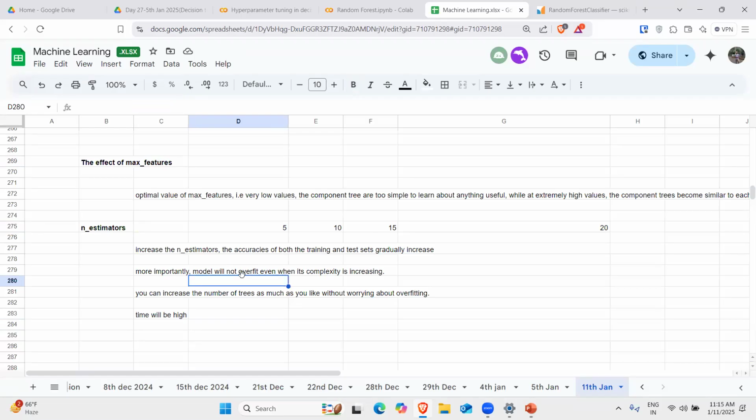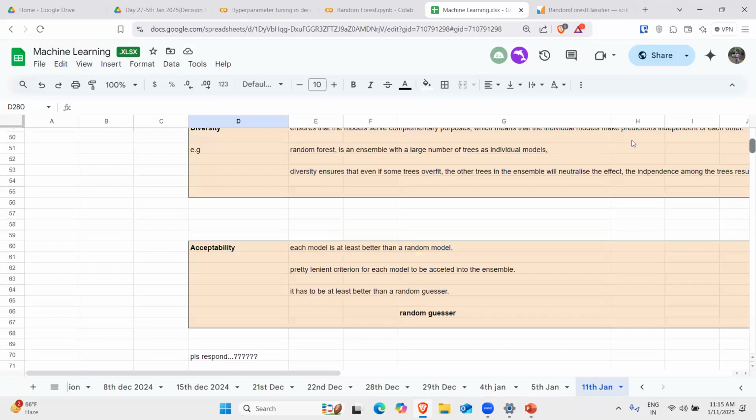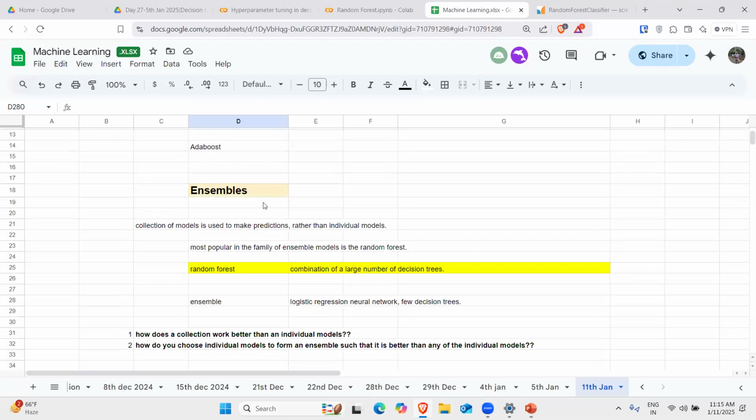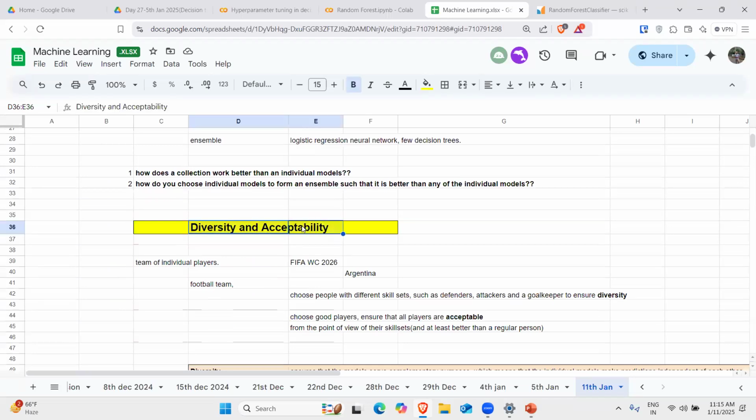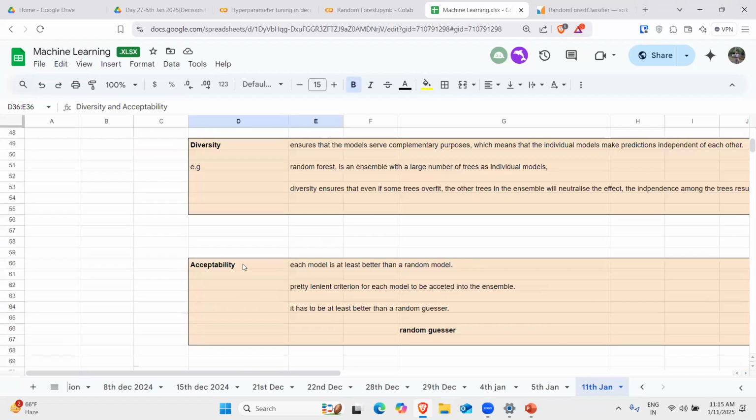So let us summarize whatever we have discussed till now. We have understood the concept of bagging. We have understood the concept of random forest, right? We have seen what we mean by ensemble. We have seen what diversity and acceptability are.